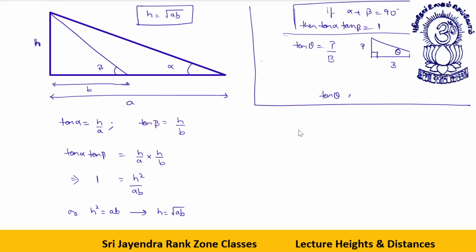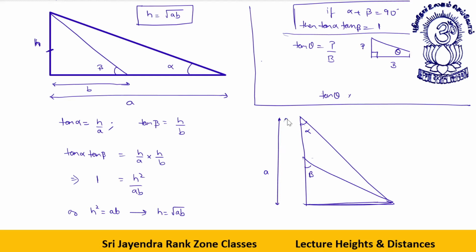The next thing is, if I take another triangle like this, this is the common side, and with this common side there are two angles alpha and beta. This common side subtends an angle beta somewhere, and this common side subtends an angle alpha somewhere. Same is the case over here. This is a common side for these two triangles. Let's say here this common side subtends an angle beta, and here it subtends an angle alpha.